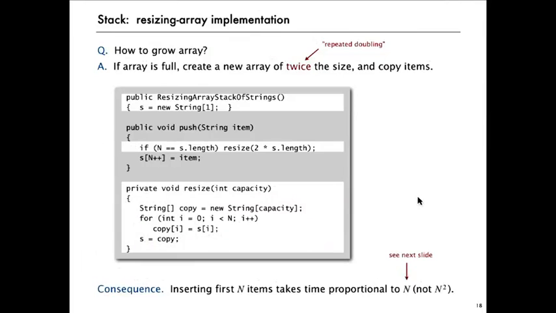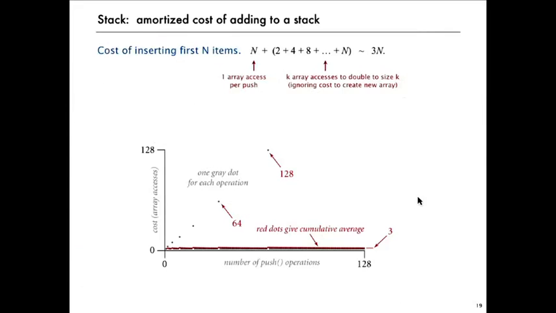So the consequence of this is if you insert n items into a stack with this array representation, the time will be proportional to n, not n squared. The reason is that you only create a new array every time it doubles, but by the time it doubles, you've inserted that many items into the stack.